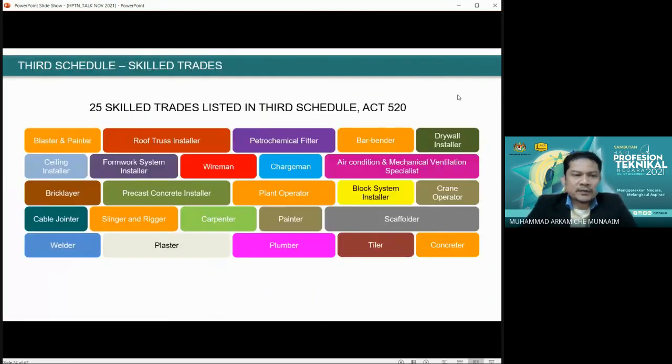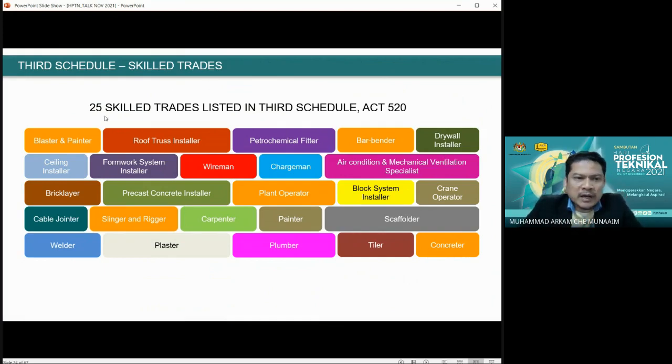Okay, 25 skill trades listed in the third schedule according to Act 520. These are the skill trades registered in the third schedule of the Act. Plasterer, painter, roof truss installer, petrochemical fitter, bar bender, drywall installer, up to concreter here.